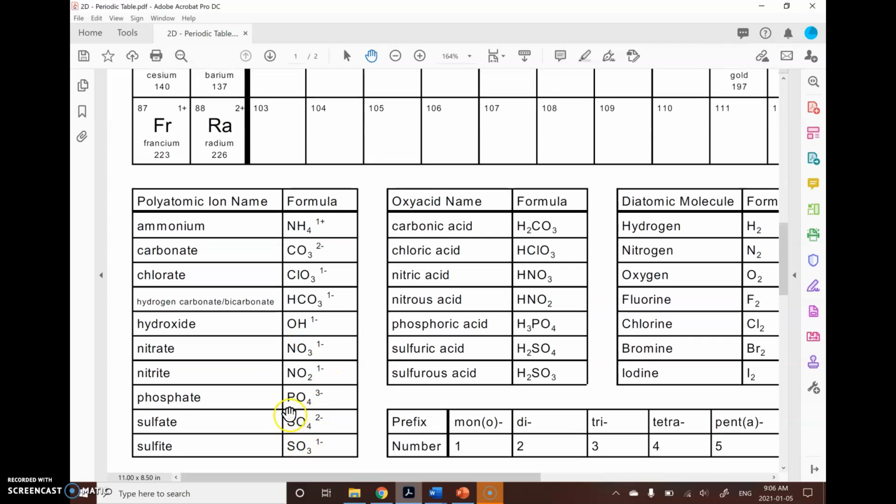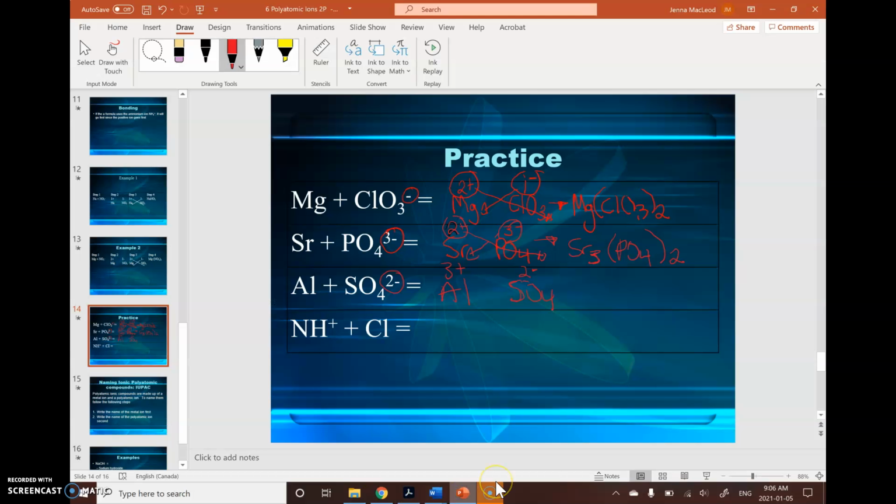And here's SO4, and it tells you the charge in the corner, and this is sulfate. So we're going to do a cross. Aluminum gets the 2, and the SO4 gets the 3.